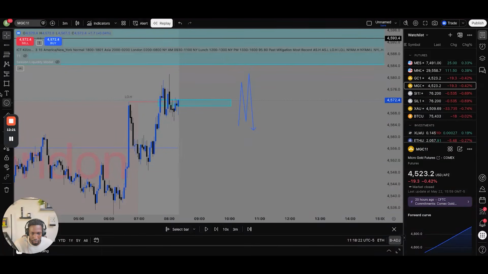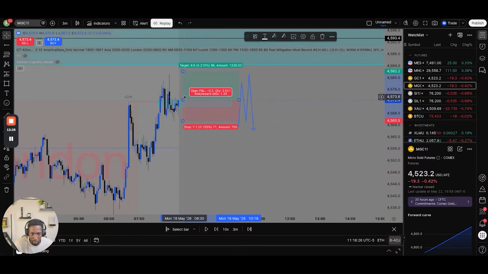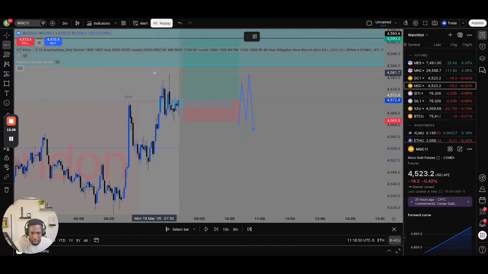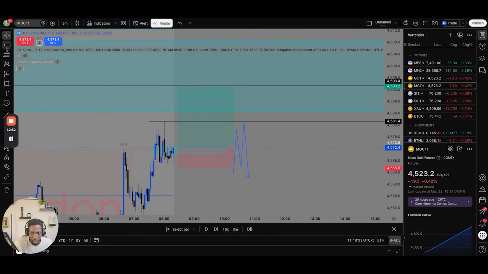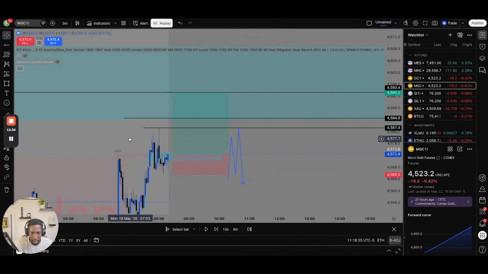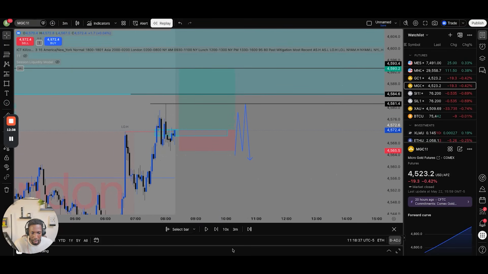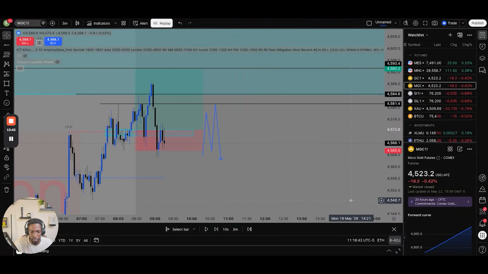Take it out. TP1, TP2, start of this fair value gap, and then TP3. And what do we get? TP1, 2, then stop loss.